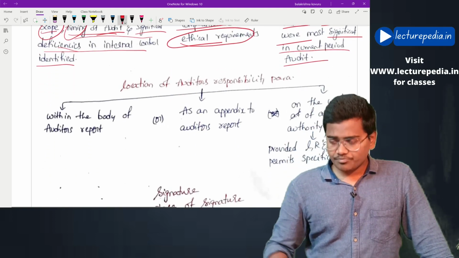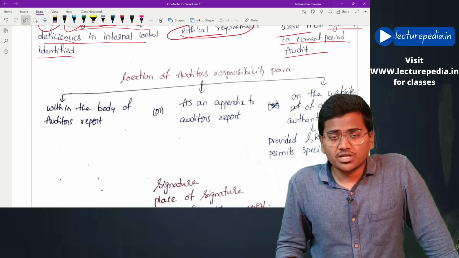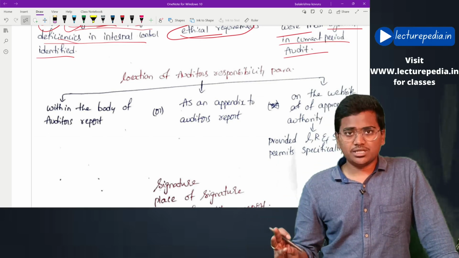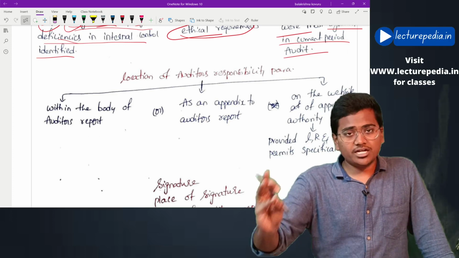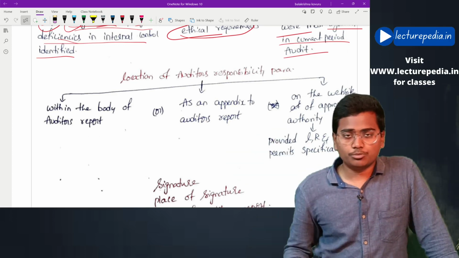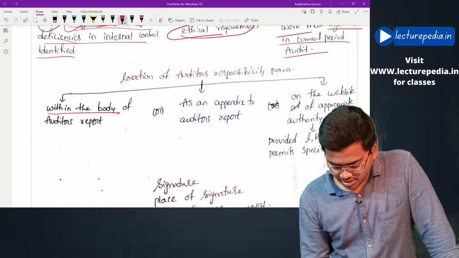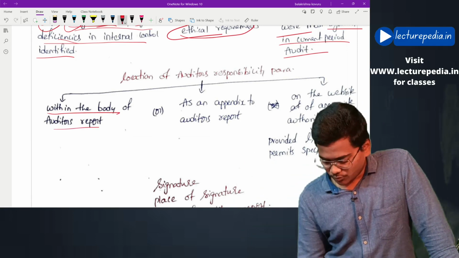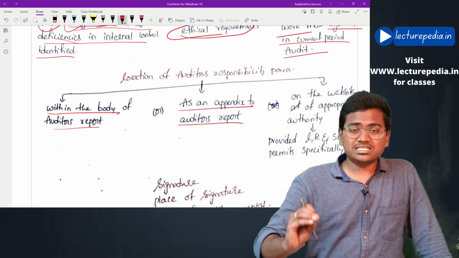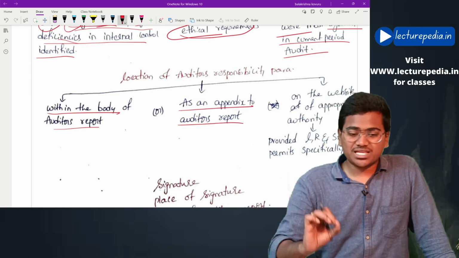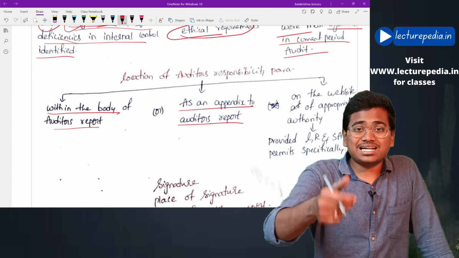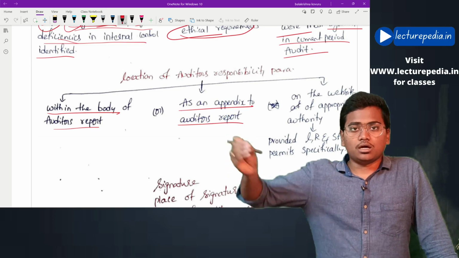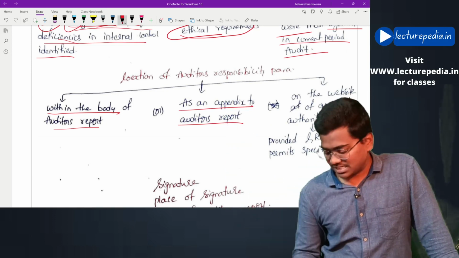Then that is the auditor's responsibility paragraph. Now, where should this auditor's responsibility paragraph be included? This can be included either in the audit report itself, in the body of the audit report, or it can be given as an appendix to the audit report. If it is given as an appendix to the audit report, then the audit report shall make a reference to that appendix, stating that refer to the auditor's responsibility given as an appendix.